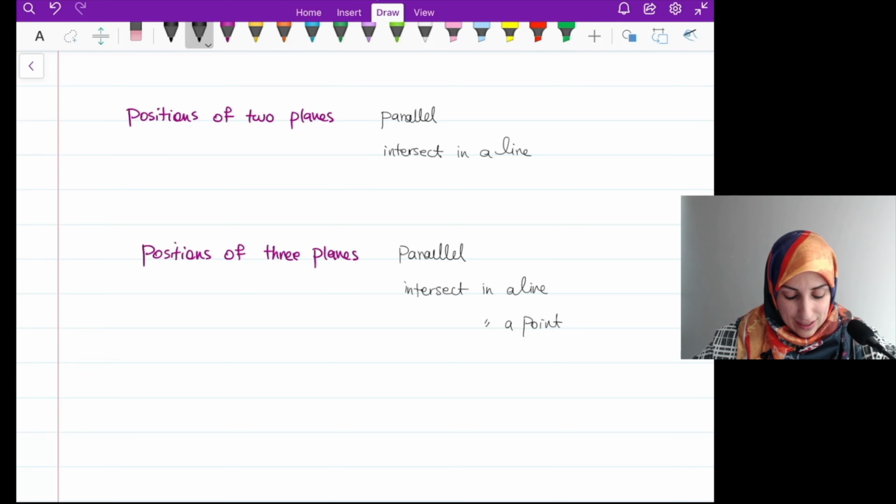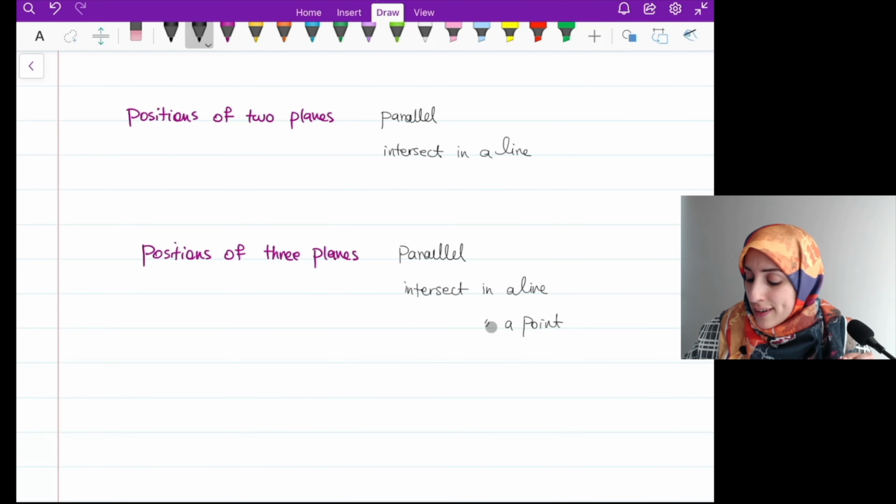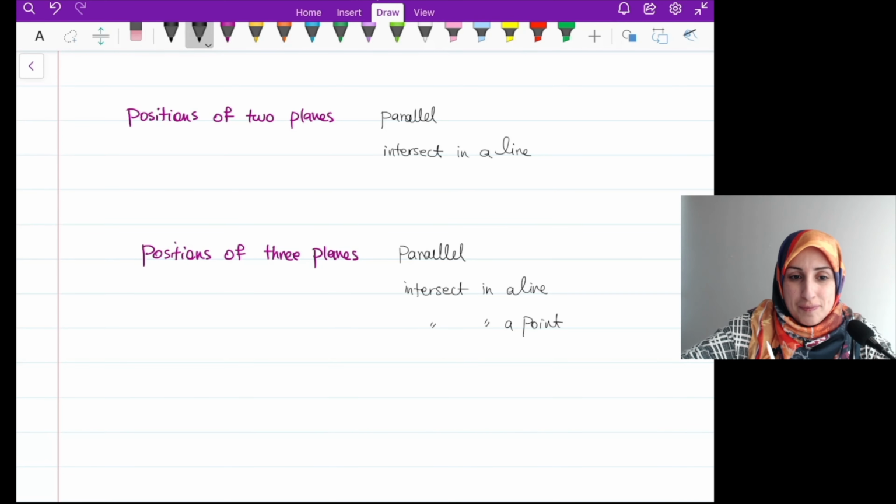That's interesting. Can you think of a situation where the three planes intersect in a point? I'm gonna show it to you.